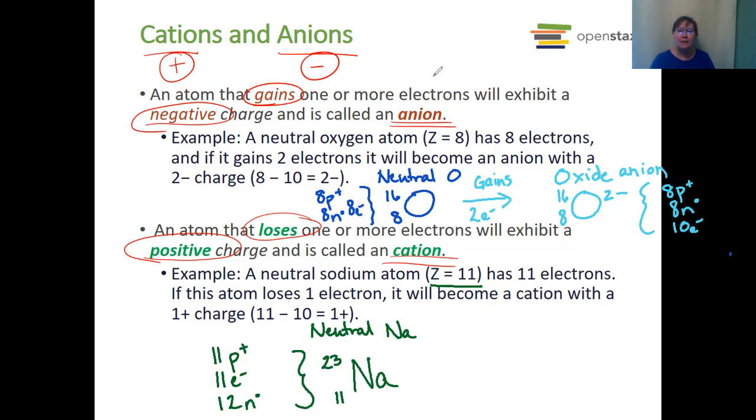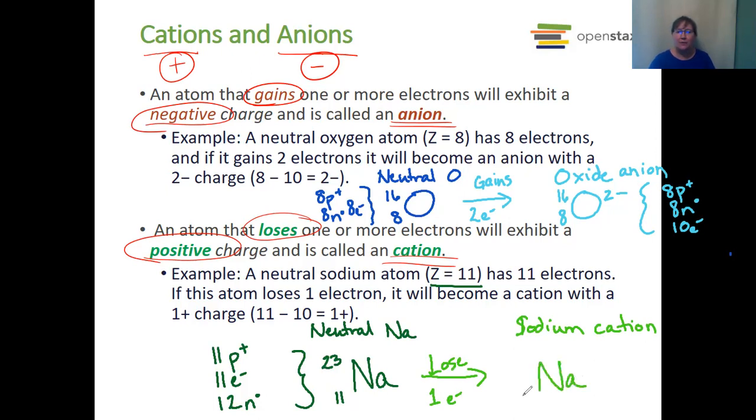Now, what happens is sodium can lose 1 electron to become sodium ion. And here's the interesting thing: for the cations, the sodium cation, the name doesn't change. So oxygen becomes oxide and sodium just stays sodium cation. You just have to say that it's the cation.